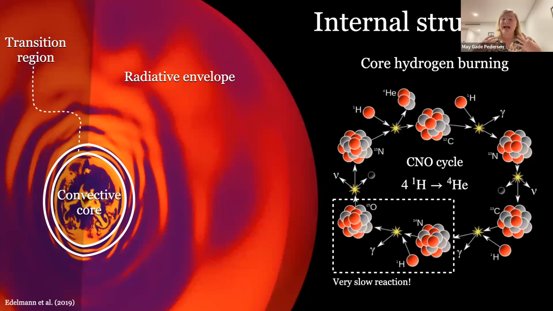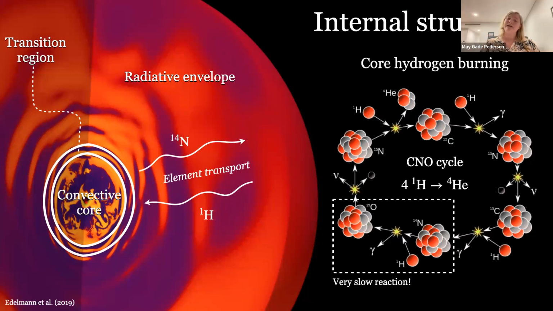And because this reaction is slow, that means that over time, we end up building up an excess amount of nitrogen in the cores of the stars.